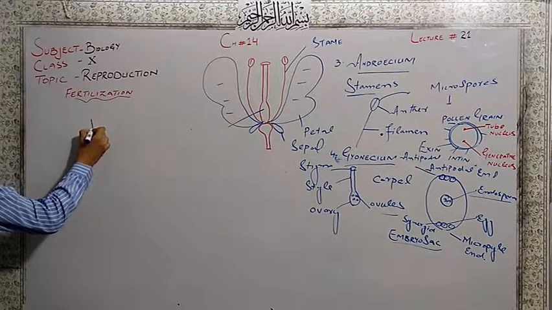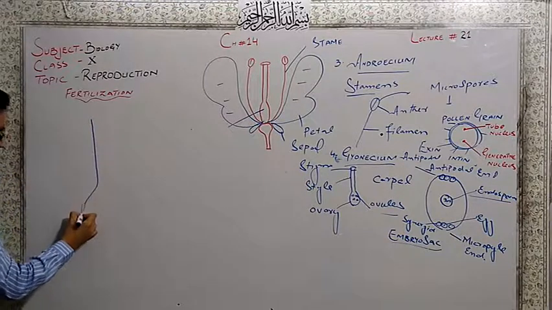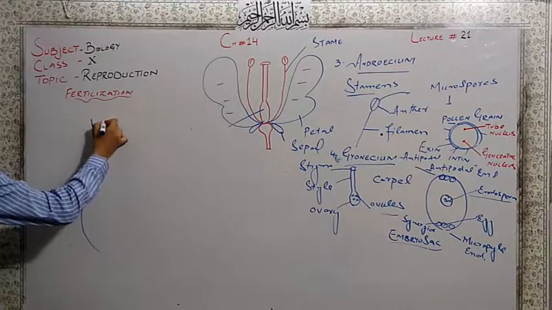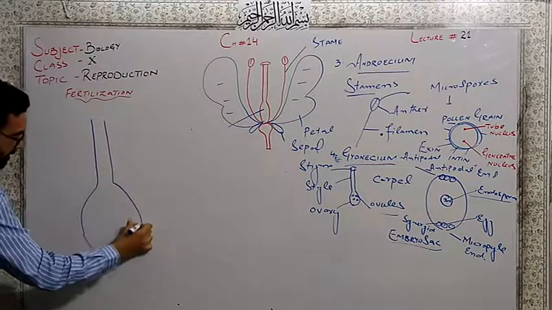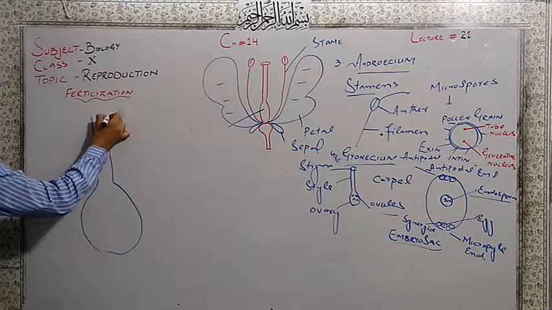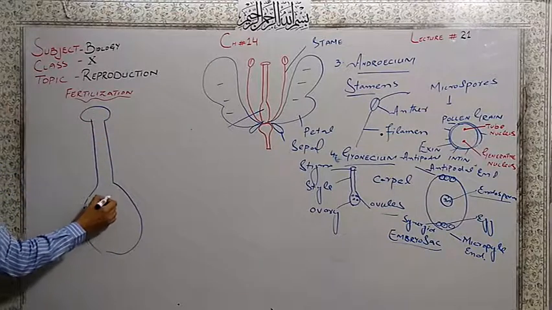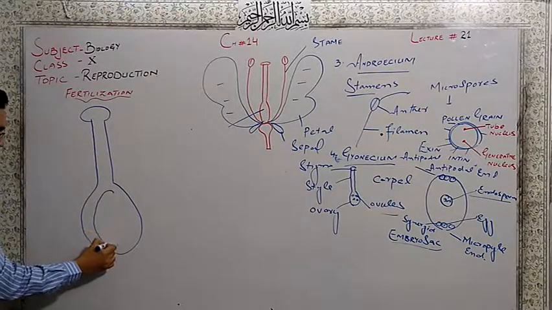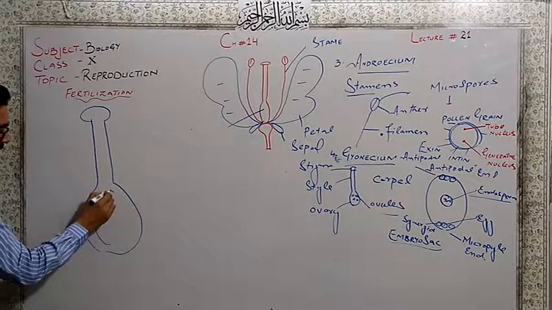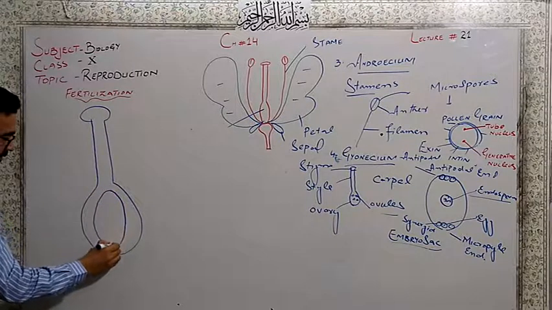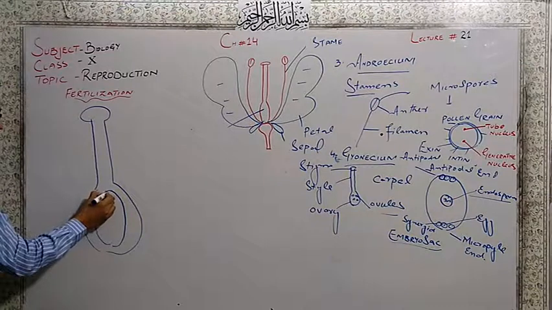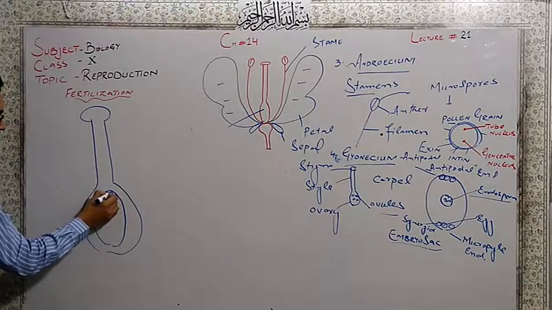This is the carpel, in which we have the embryo sac, with 3 antipodal cells.